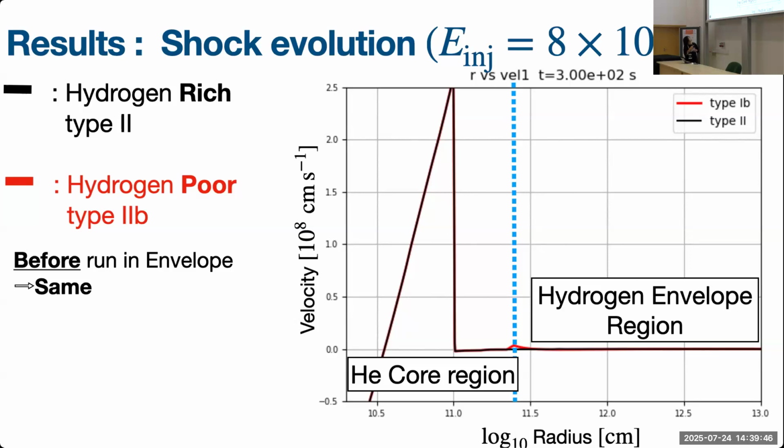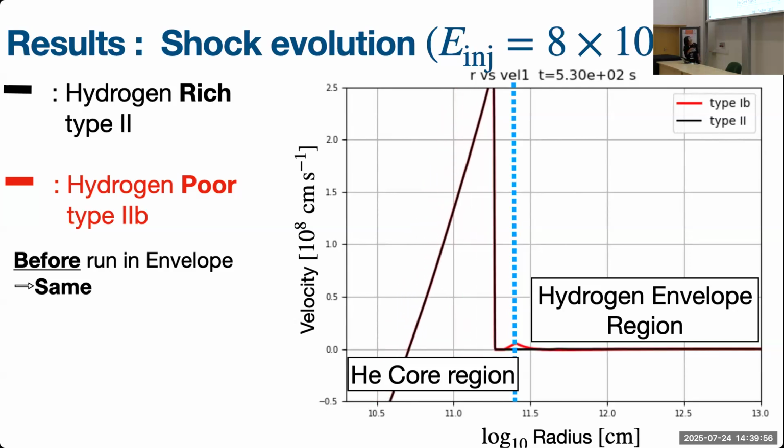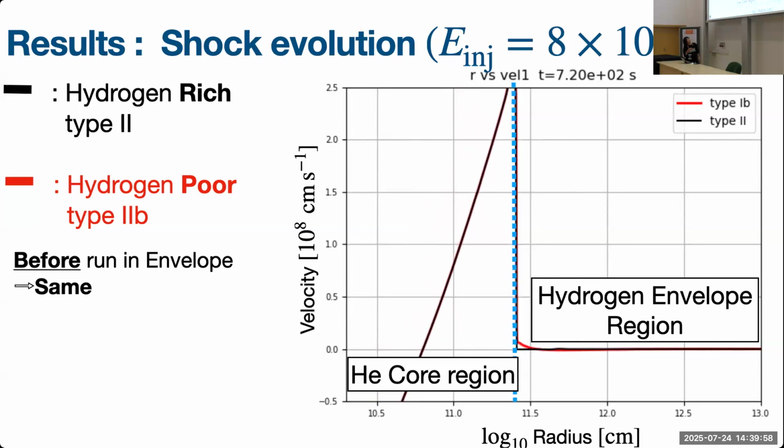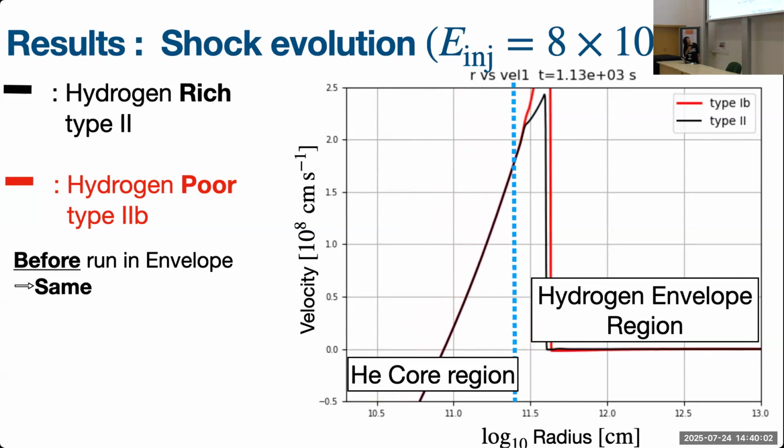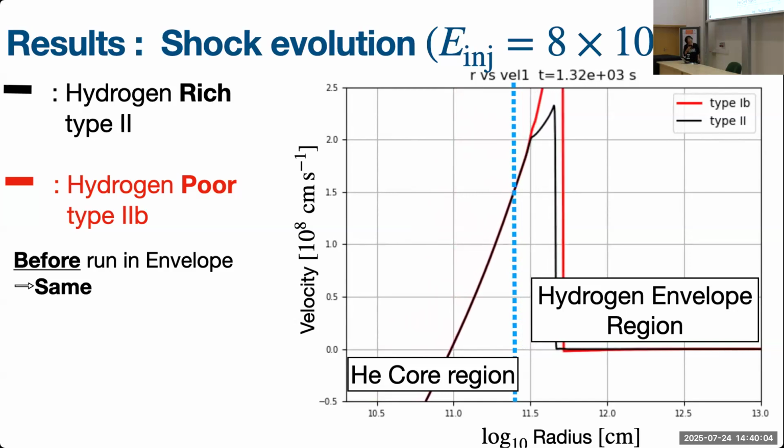Before the shock runs into the envelope, the structure is almost the same, but as time continues, after running into the hydrogen envelope, the Type II one is different from the red one.